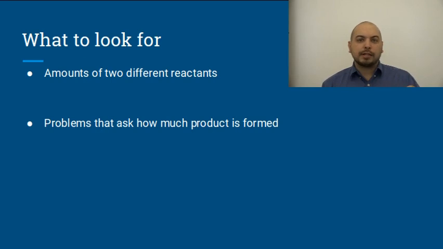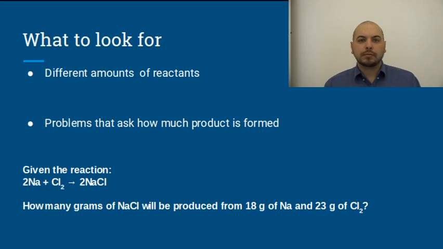The reason for that is because the odds of exactly the same number of molecules being in each that are perfectly in tune with the mole ratio is next to 0. So if you're ever in a problem given the amounts of two different reactants, you can bet dollars to donuts it's going to be a limiting reactant problem.